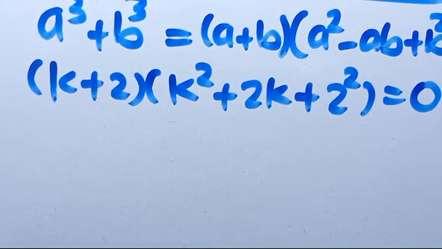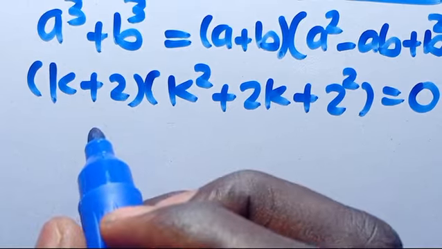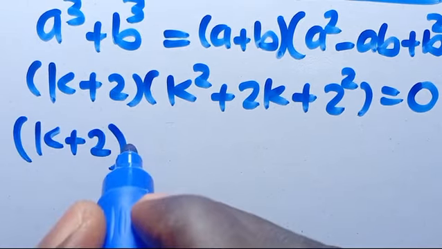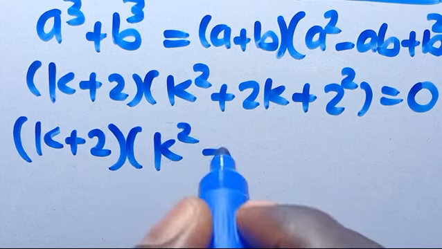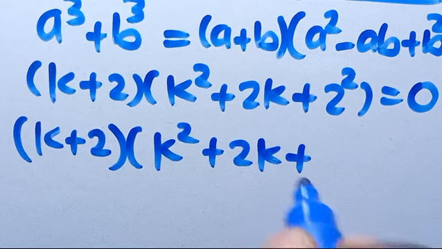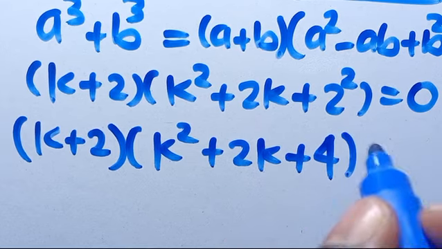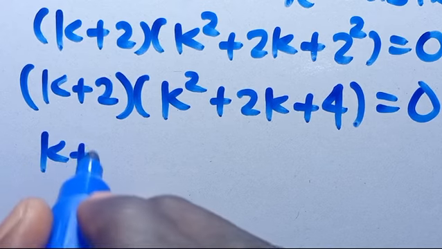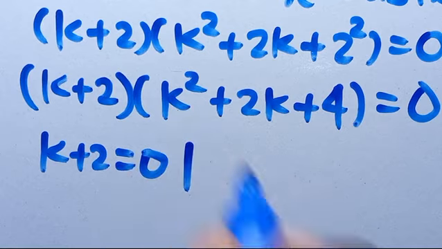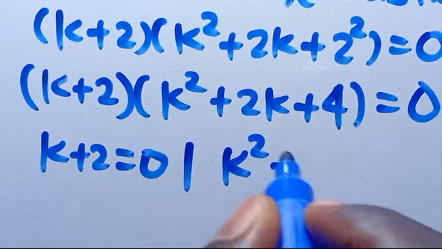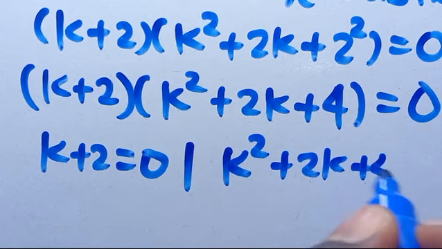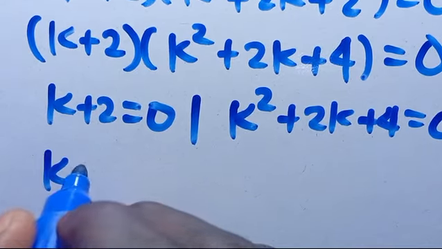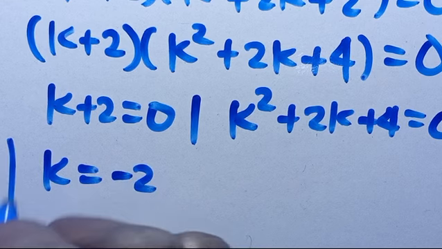So we have k plus 2 times k square minus 2k plus 4 equals 0. We have k plus 2 either equals 0, or we have k square minus 2k plus 4 equals 0. So from here we have k equals minus 2.